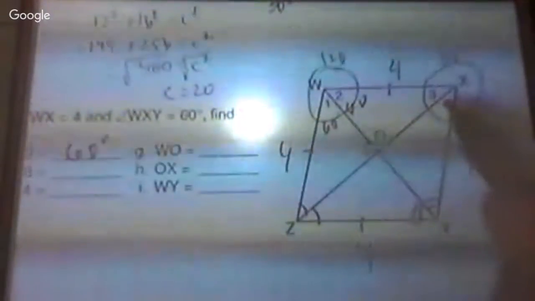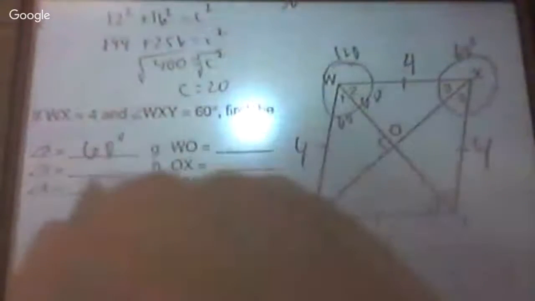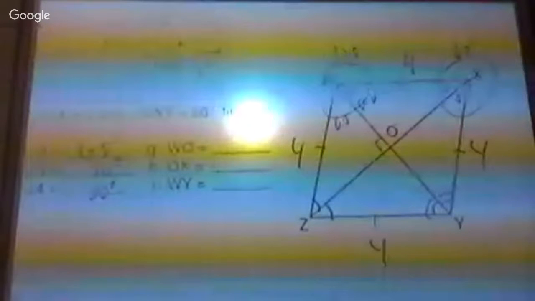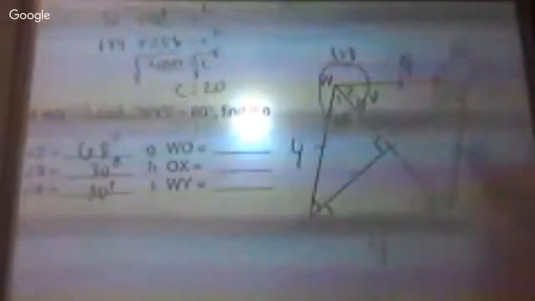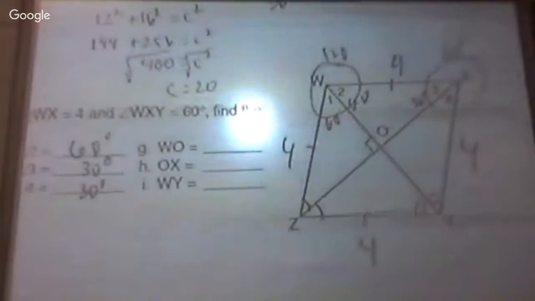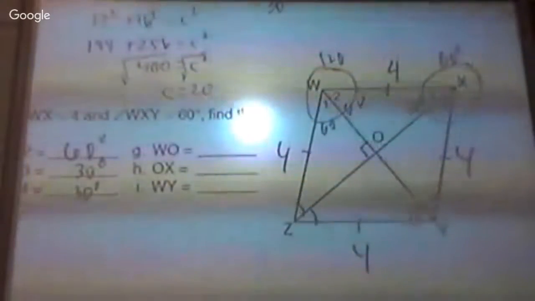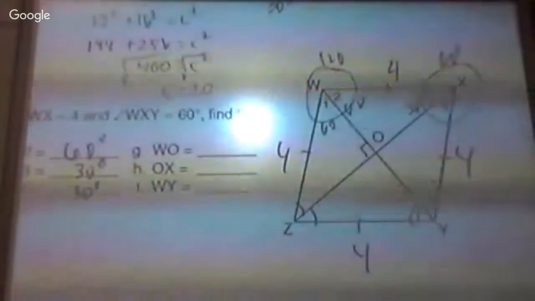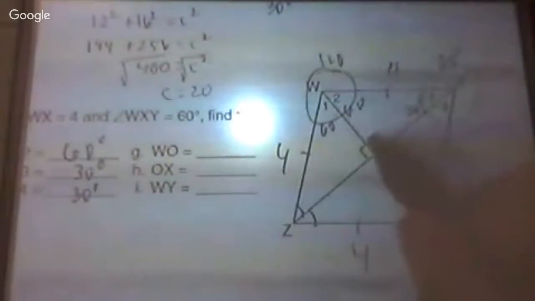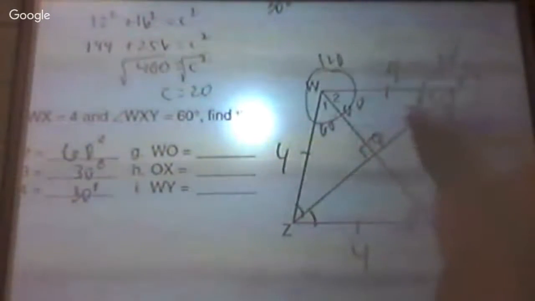Angle 3 and 4, if both of those add up to 60, and this is cut in half, so angles 3 and 4 here would be half of 60, which is 30 degrees. Okay, now, since we know this is a 30, 60, 90 situation, at this point in time, we have the length of the hypotenuse, which is 4.